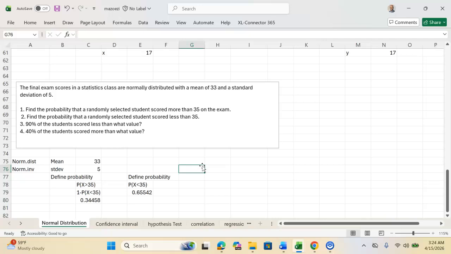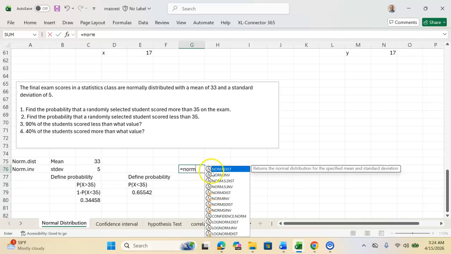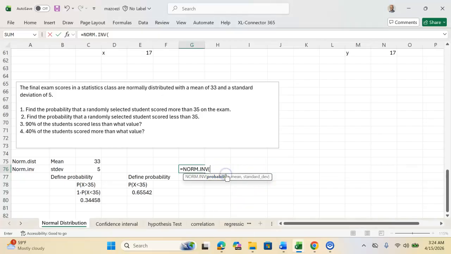So in this case, just put an equal sign and type norm.inv instead of norm.dist, and you're supposed to put the probability, which should be 90%, and then the average and standard deviation.